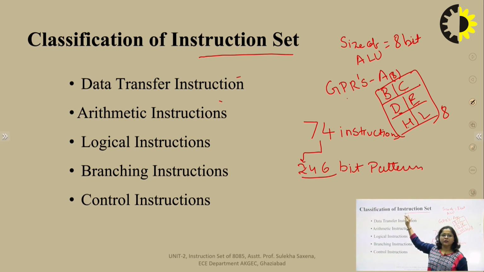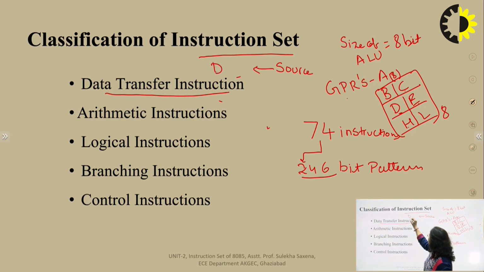As we know, the instruction set of 8085 is classified into 5 types: data transfer, arithmetic, logical, branching and control instructions. Data transfer means to copy data from a source location to a destination location. So in data transfer, it's just a copy-paste operation, that is, the value of the source is copied to the destination.